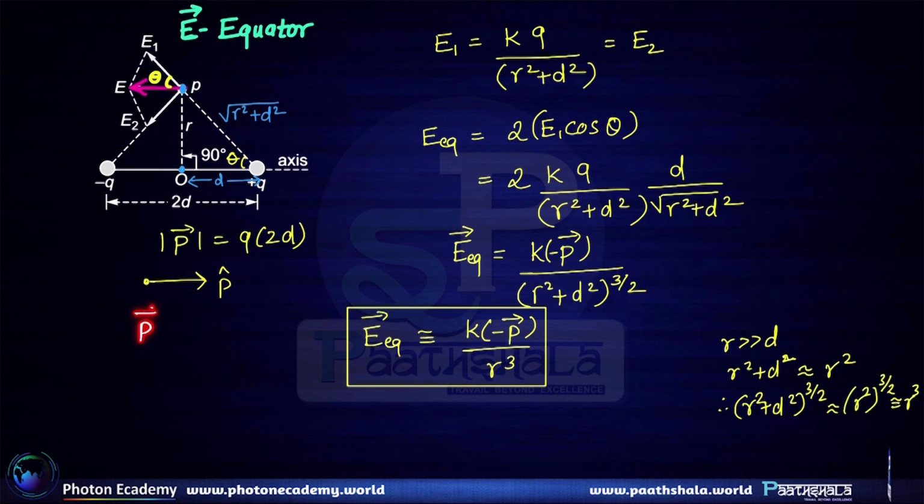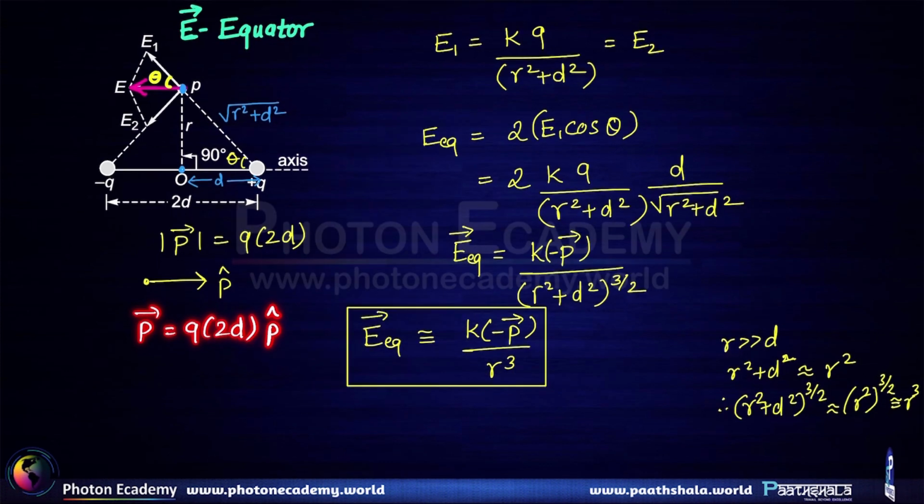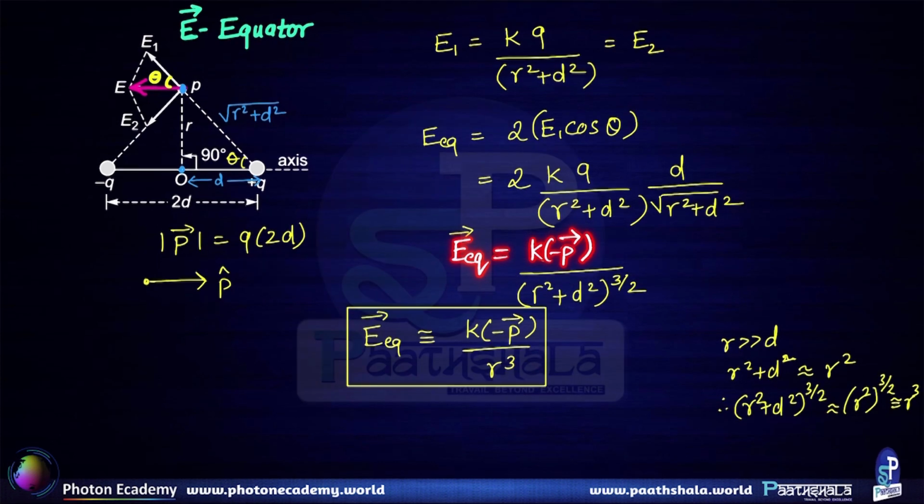So the dipole moment vector is equal to q into 2d p cap. The unit vector along the dipole moment vector points from minus q charge to plus q charge. E equator will be equal to k times minus p, because it points opposite to the dipole moment vector, divided by r square plus d square raised to 3 by 2.